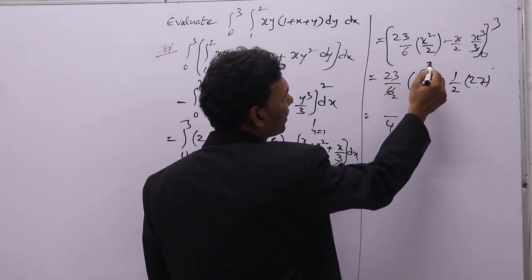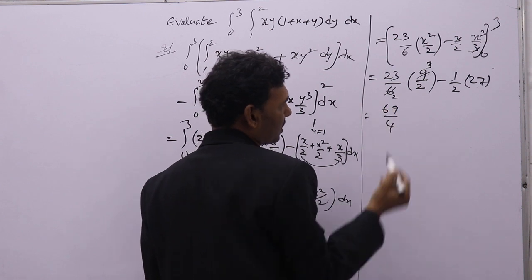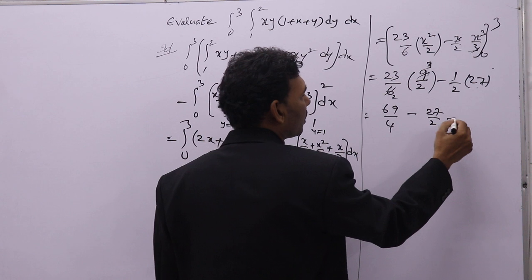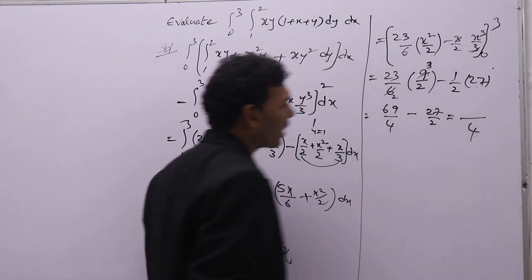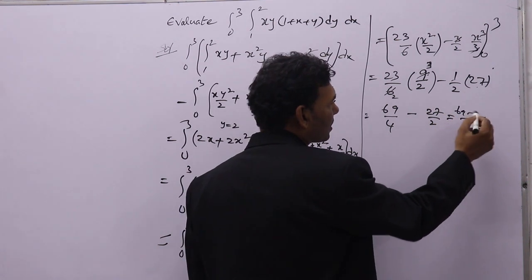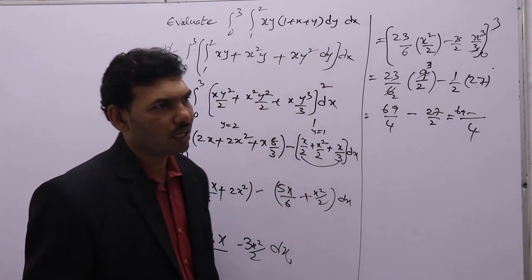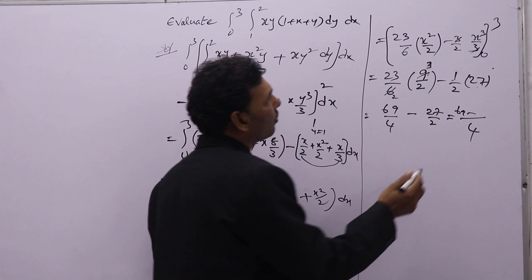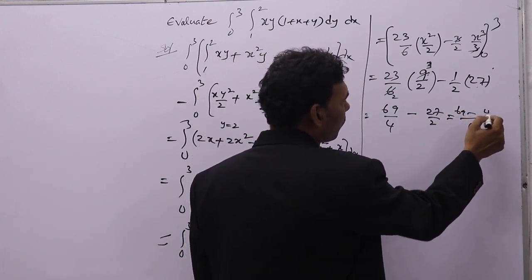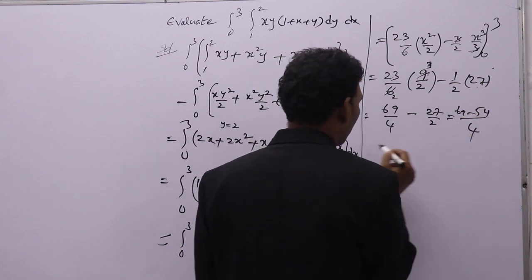Multiply with 3, 3 3s are 9, 3 2s are 6. Minus 27 by 2. If you take 4 as LCM, 69 you will get as it is, 69, multiply with 2. If you multiply with 2, what happens? 2 27s are 54.